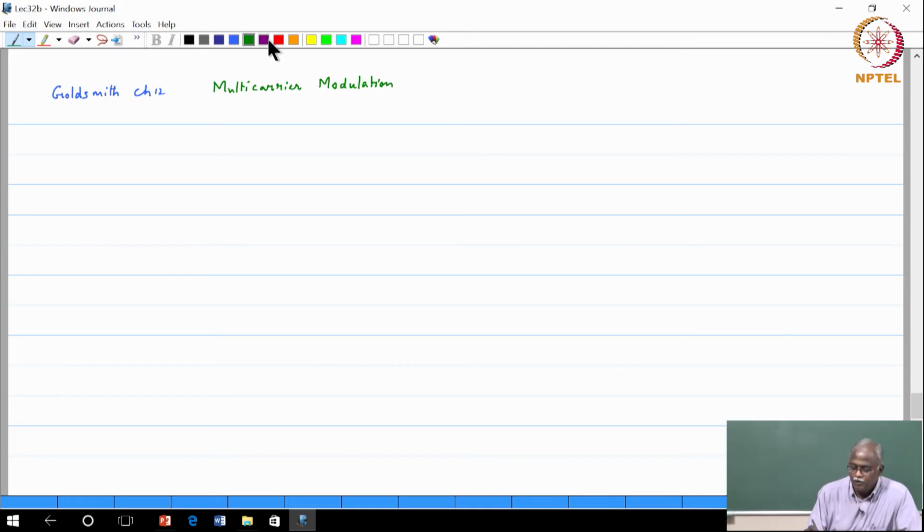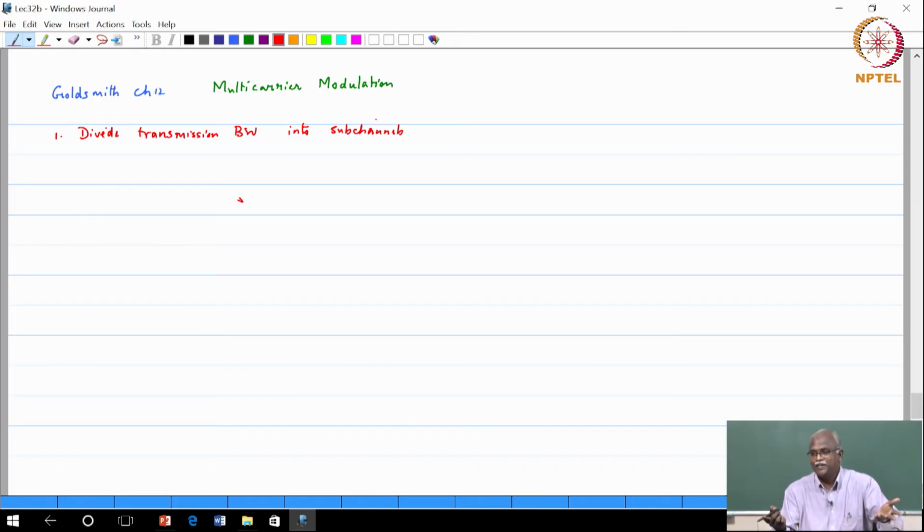If you open Goldsmith chapter 12, here is what you are going to see. The first statement is to divide your transmission bandwidth into subchannels. You know why you are dividing into subchannels, that is well understood.